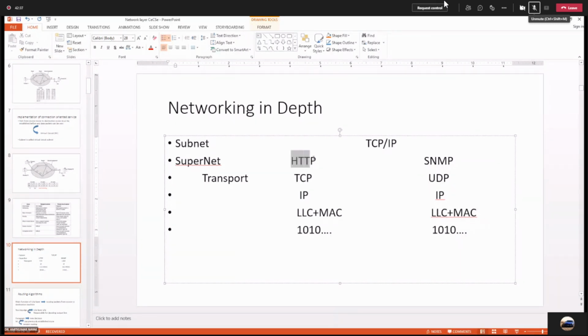The application layer protocol which you are using will decide whether it will go with TCP or with UDP. Please remember that the majority of protocols like HTTP, SMTP, FTP, and others are using TCP at the transport layer, but there are very few protocols like SNMP and DNS.